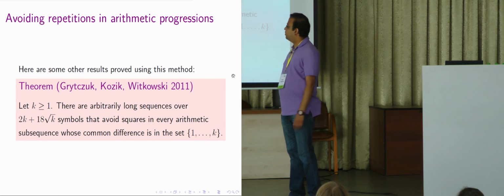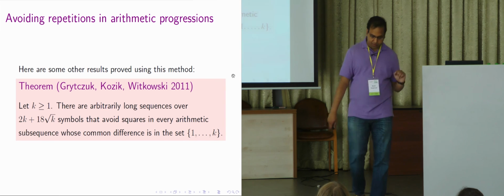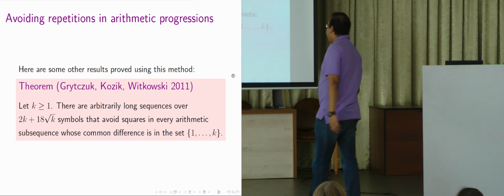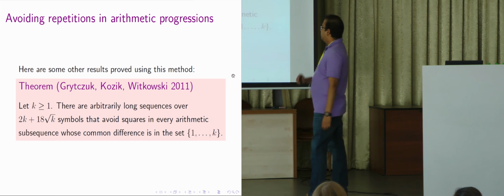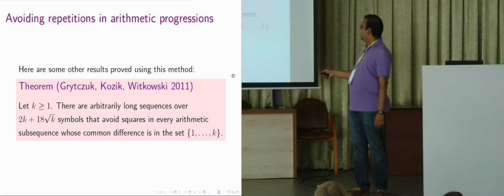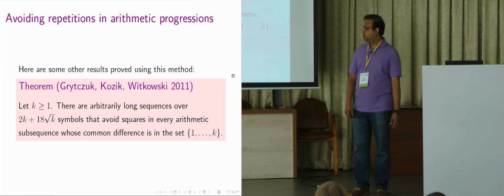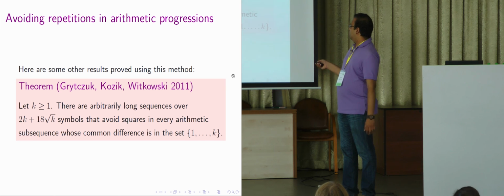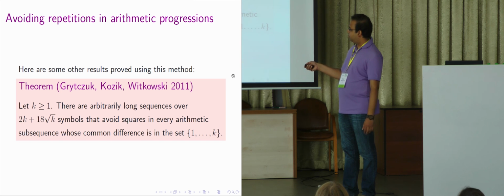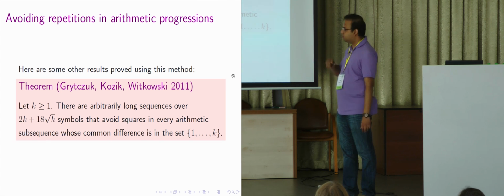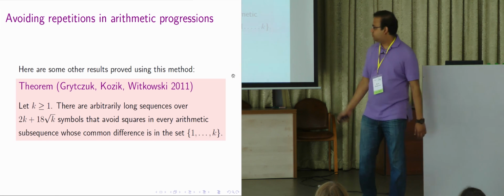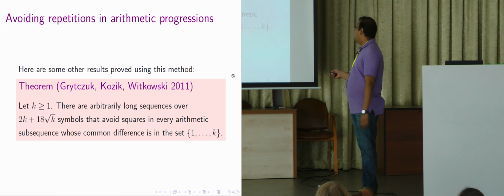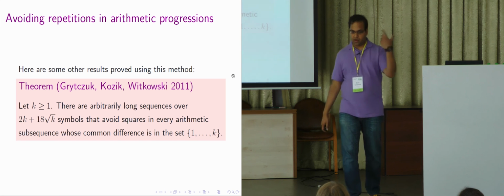Right? So let me give you some examples of results that have been proved using this method. Here's a result about avoiding squares in arithmetic progressions again. These guys proved that there are arbitrarily long sequences over 2k plus some square root of k alphabet symbols that avoid squares in every arithmetic progression whose difference is 1, 2, 3, 4, whatever.